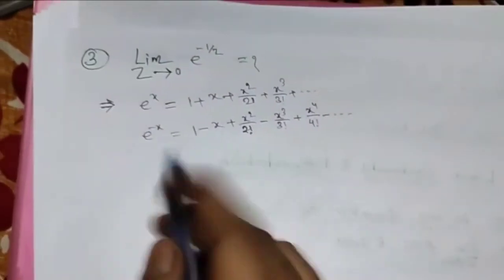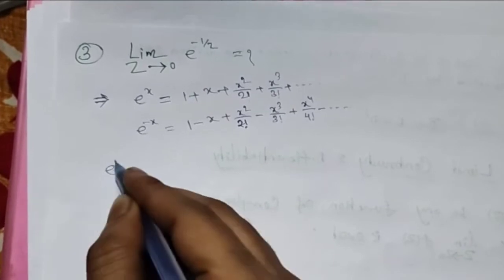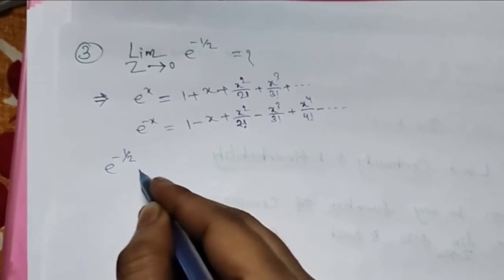Now here it is given e to the power minus 1 by z. What is that?